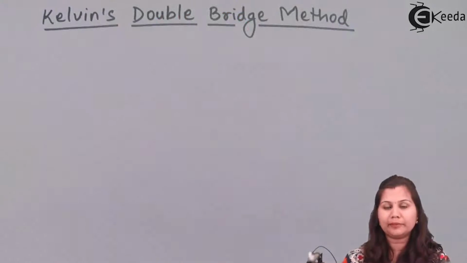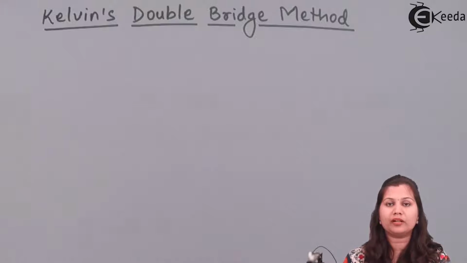The Kelvin double bridge method is the most popular method used for measuring low resistances very accurately. This bridge, the Kelvin double bridge, is a modification of the Wheatstone bridge.